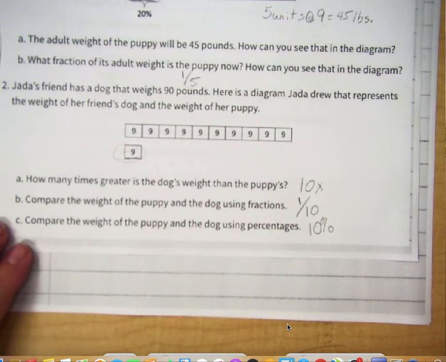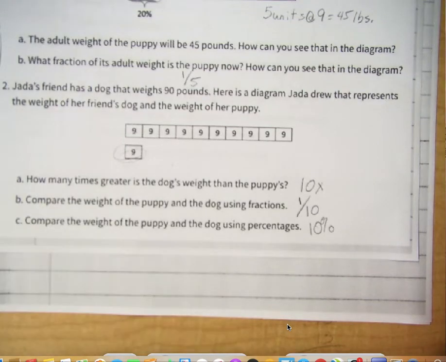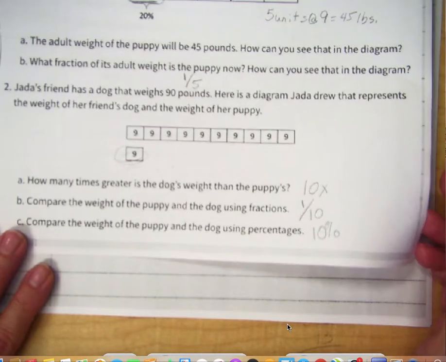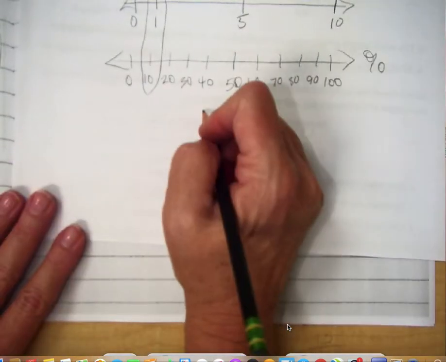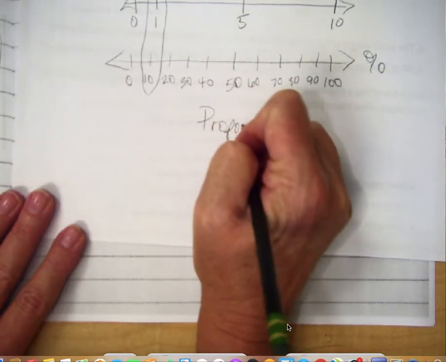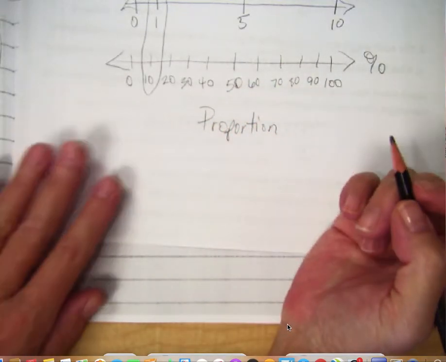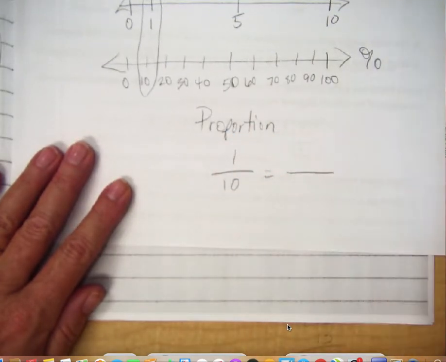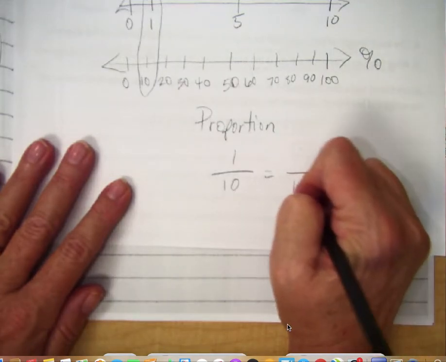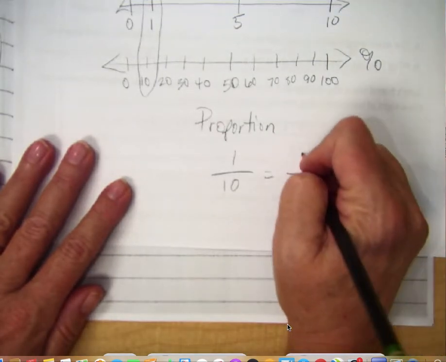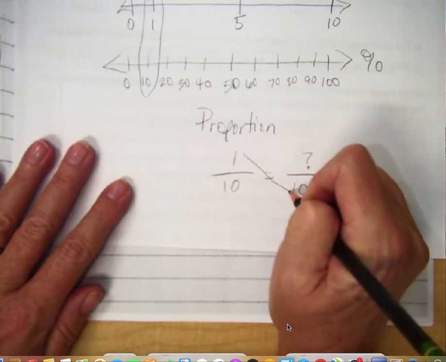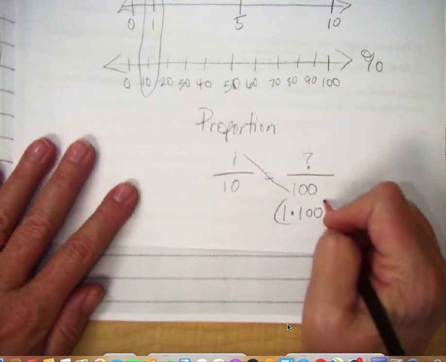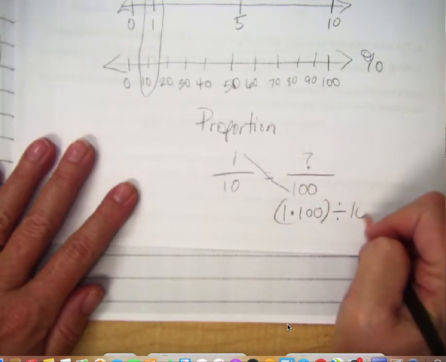Okay? But yesterday I showed you how to set this up using a proportion. So let's look at a proportion here. What was my fraction? My fraction was 1 out of 10. My whole percent is always 100, right? This is what's missing. Can't I cross multiply and then divide by 10?